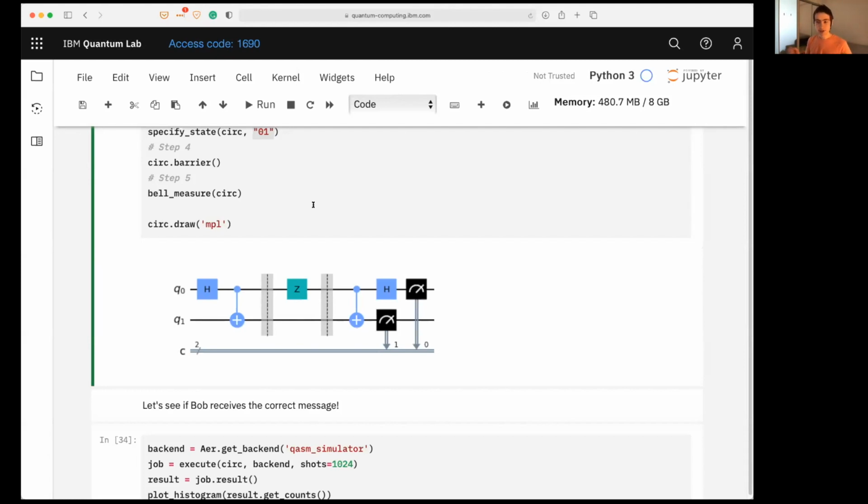So here, the two qubits are always entangled. They're always combined in some sense. We're just moving them physically apart and then bringing them physically together. There's nothing you have to do to recombine them when Bob gets Alice's qubit. They're still entangled, still combined with each other. He doesn't have to do anything extra.